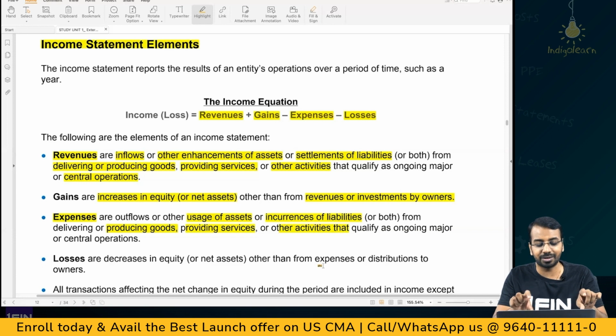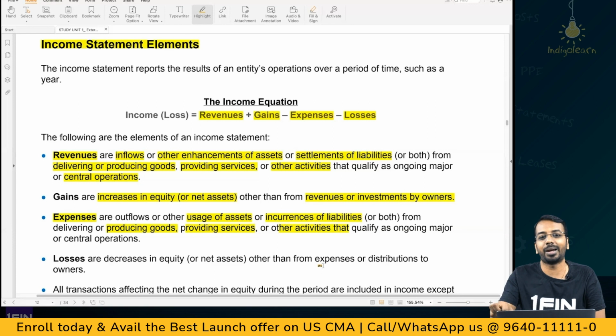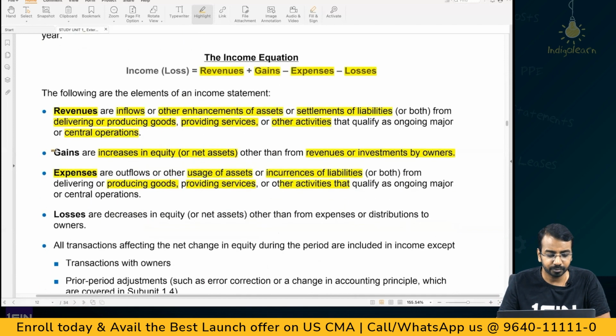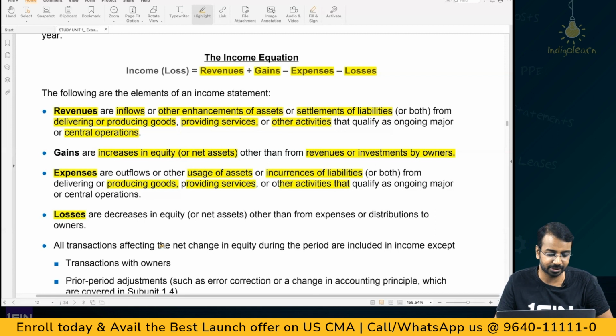All of that is classified as expense. Now, if an item of outflow meets the asset recognition criteria, you purchase a plant and machinery, you will not say it is an expense. That meets the asset recognition criteria, you will call it an asset. Okay. And then opposite of gains are losses, where the equity or net asset decreases.